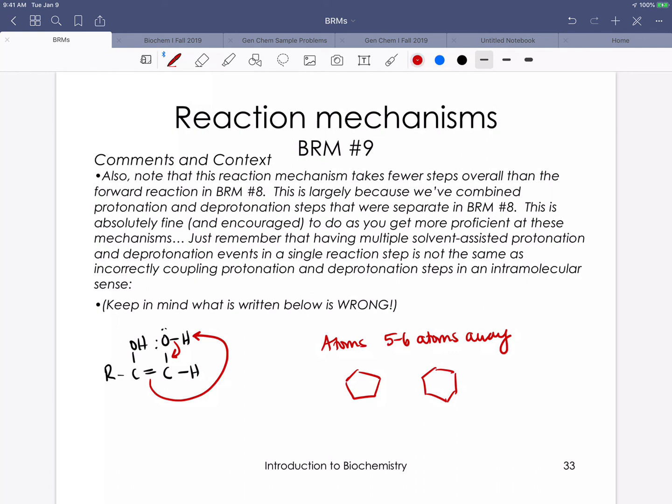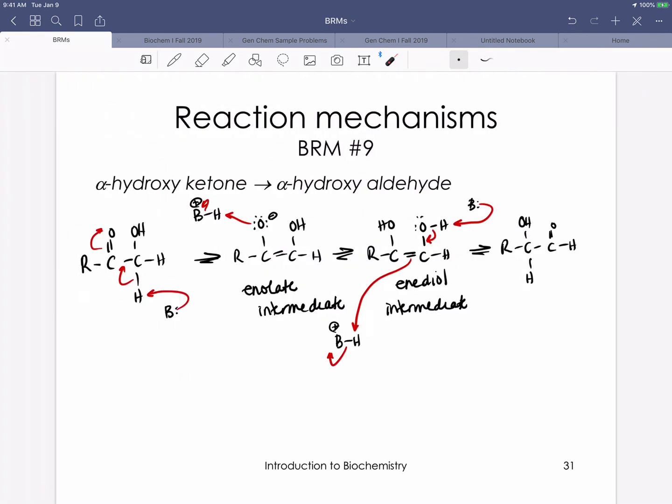So a couple of things just to point out there, a reminder again about intramolecular reactions, that they're very specific in terms of the geometry that has to happen between atoms that are having electrons interact. And then encouraging you to start thinking about places where you could have concerted steps in your mechanism. That is where you're having multiple steps happen at the same time, and we did that with our protonation and deprotonation steps here, in converting our enediol intermediate into our final alpha hydroxyaldehyde.